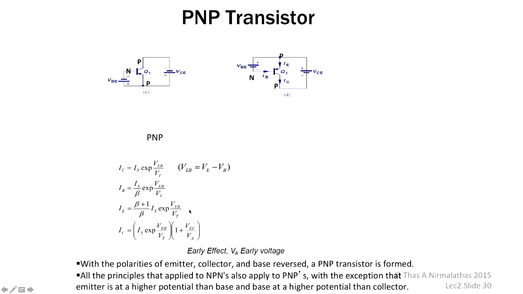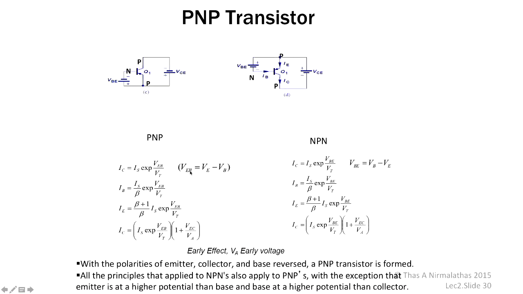We don't write VBE as for NPN. For NPN it is VBE, the voltage between base and the emitter. Here we call it the voltage between emitter and the base. VEB means VE minus VB, while VBE means VB minus VE, the voltage at the base minus the voltage at the emitter.